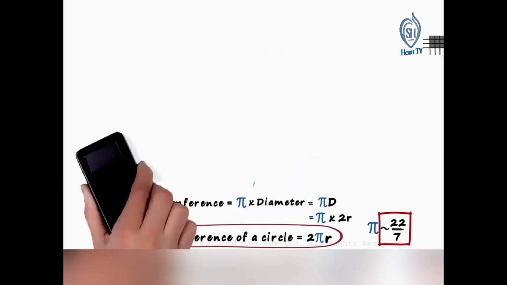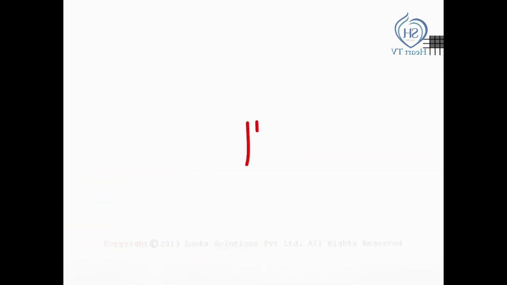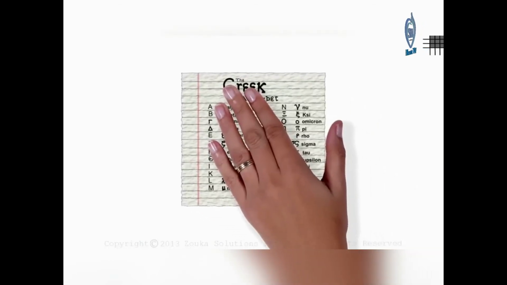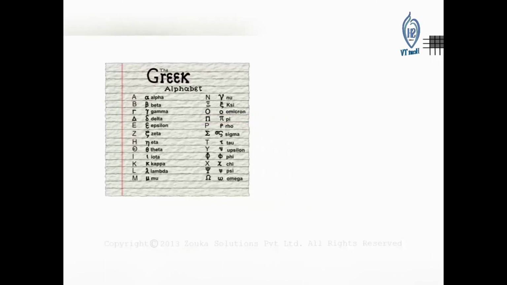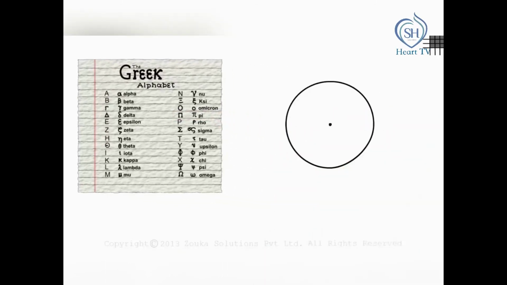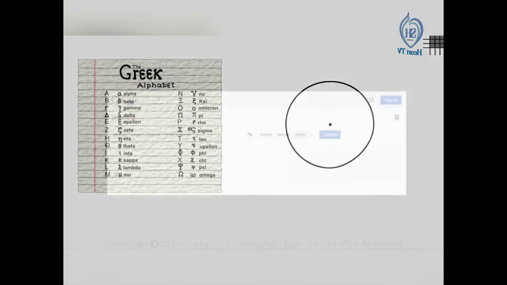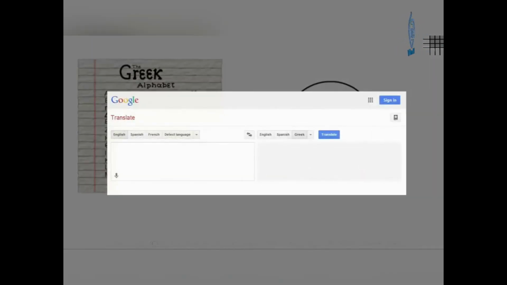But why do we use the symbol for pi? What is the symbol? Pi is actually the 16th letter of the Greek alphabet. But the question still remains, why the 16th letter? We just saw that pi has got something to do with the perimeter or the circumference of the circle. Let's use Google Translate to see the Greek equivalent of perimeter.